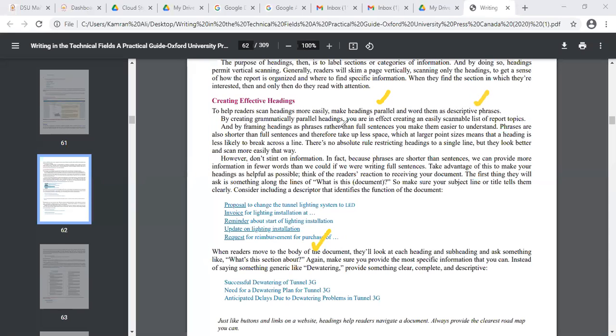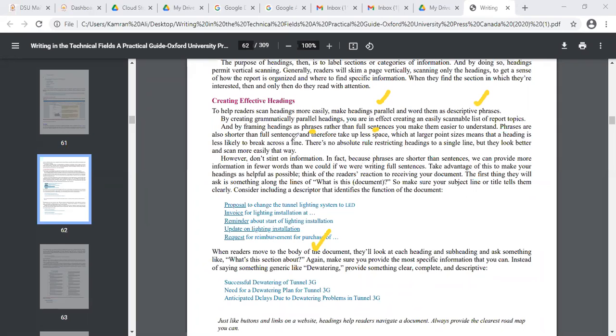By creating grammatically parallel headings, you are in fact creating an easily scannable list of report topics. And by framing headings as phrases rather than full sentences, so you don't write full sentences as your headings, rather, you should choose phrases, you make them easier to understand.